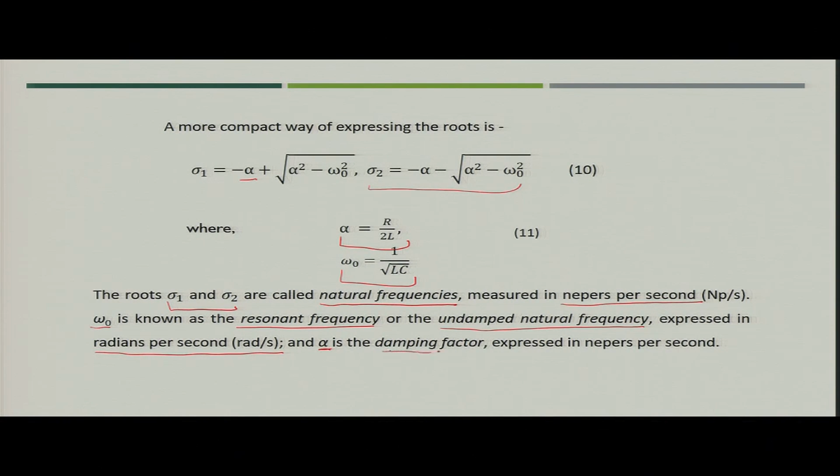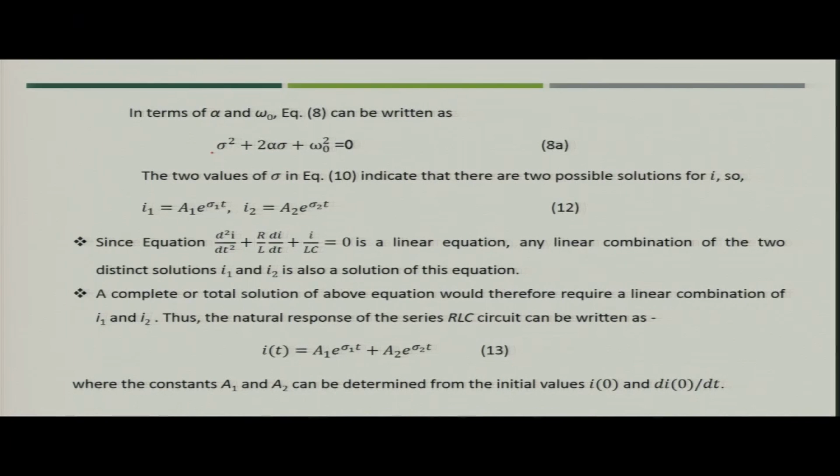Alpha is the damping factor, which is again expressed in nepers per second. When you see this characteristic equation, if you put the values of alpha and omega naught, it simplifies as sigma square plus 2 alpha sigma plus omega naught square is equal to 0.